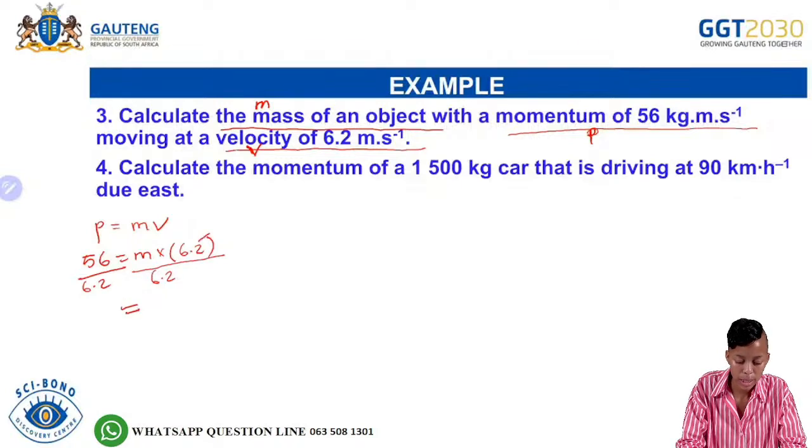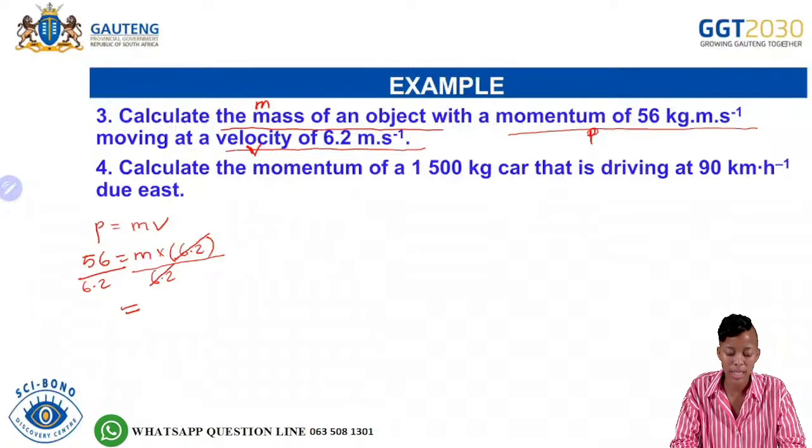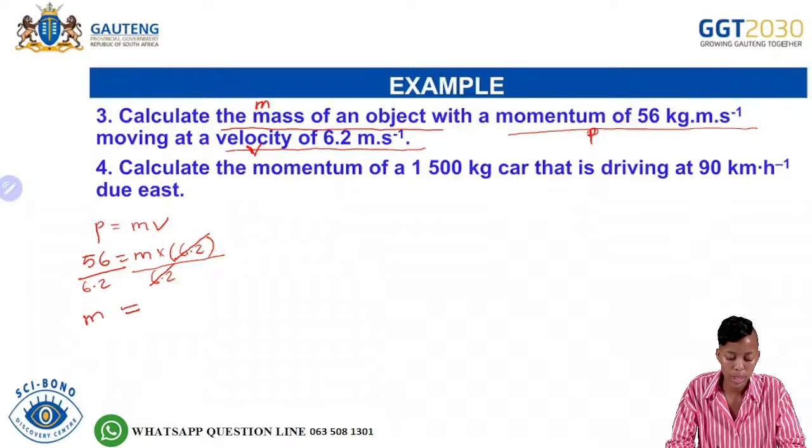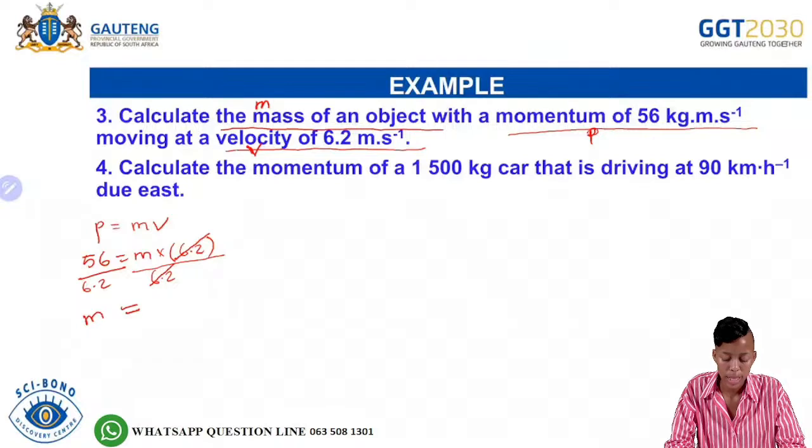Let me cancel this. So the 6.2 and the 6.2 on the right hand side are going to cancel each other out. And then what are you left with? I'm just going to write it on the left hand side so I can have more space there. You are left with the mass. So you're going to punch that into your calculator. The momentum of 56 divided by the velocity of 6.2, and that will give you your mass.